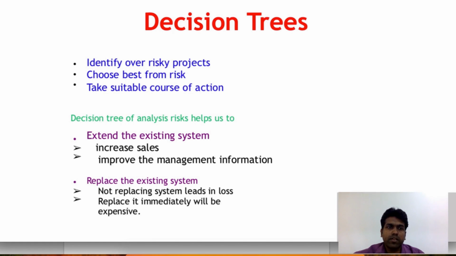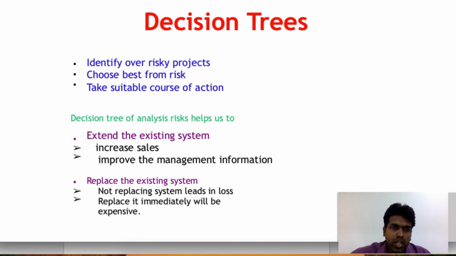This decision tree analysis helps us to either extend the existing system or replace the existing system.